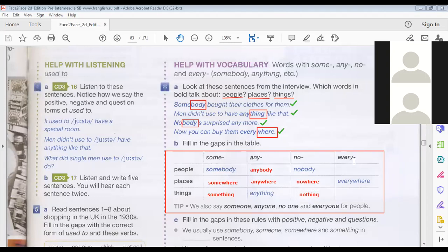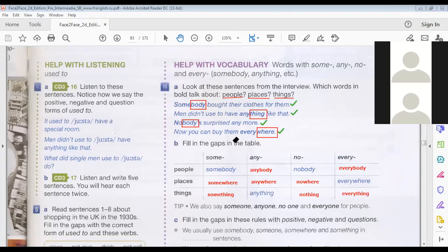And every, how can we use it with people? Everybody. Everyone is also correct, but here because we have body, so everybody. Okay. And for things? Everything. He hates everything, for example. All right, so this is how we can talk about these words.